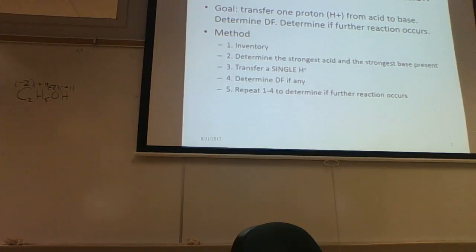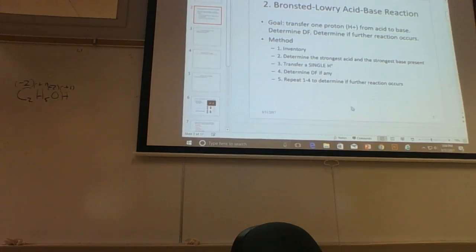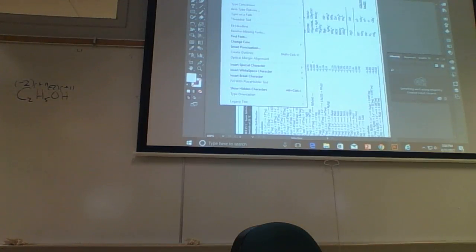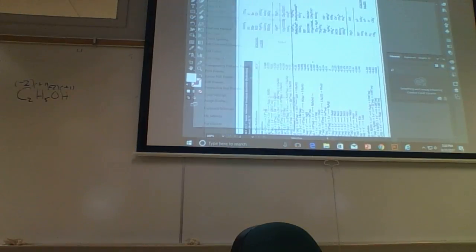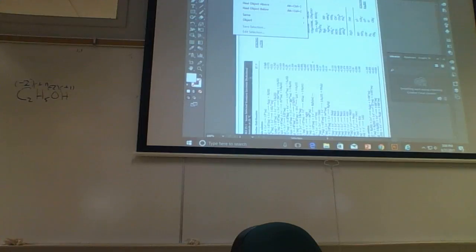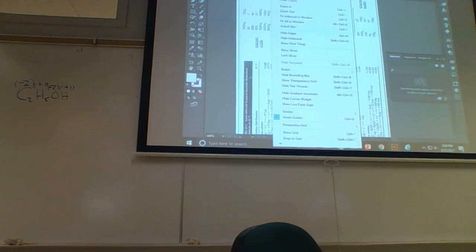So I unfortunately did not put the Bronsted acid chart here. I have the Bronsted acid chart here. Does somebody know how to rotate? I could rotate in Adobe Acrobat, but you know this computer doesn't have Adobe Acrobat installed in here.